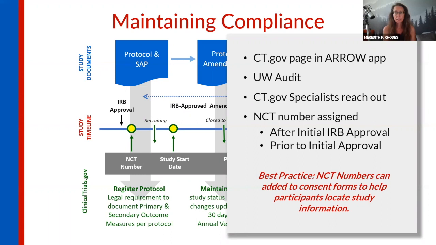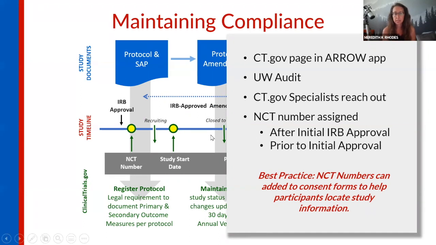We help people get the NCT number assigned more rapidly because we have some good experience with the back and forth with the PRS systems. And we can have that number assigned prior to the initial IRB approval or after this.